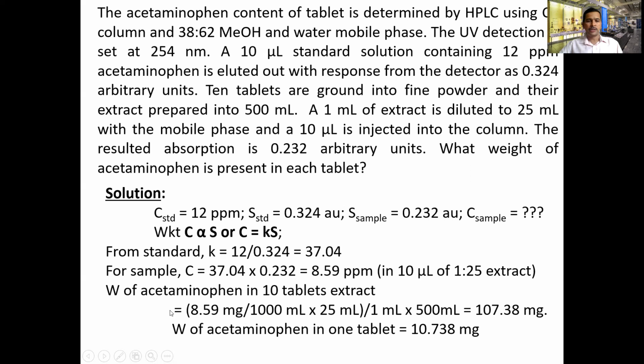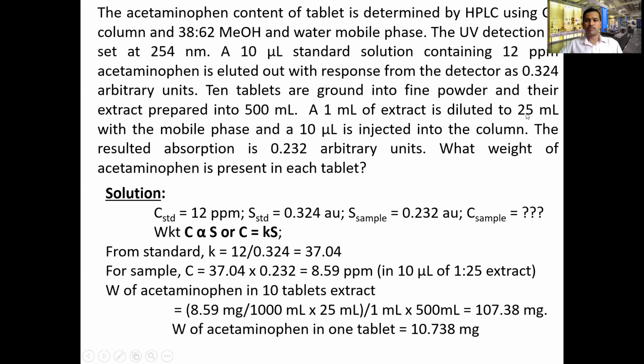So the weight of acetaminophen is 8.59 ppm, which means 8.59 milligram per liter, that is 1000 ml. I have written 8.59 ppm as 8.59 milligram per 1000 ml into 25 ml, because only 25 ml volume was prepared by using 1 ml from this 500 ml.